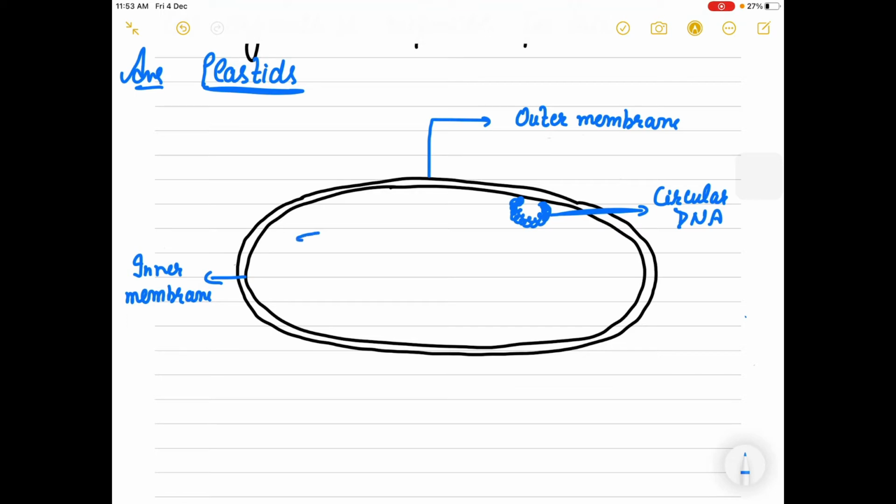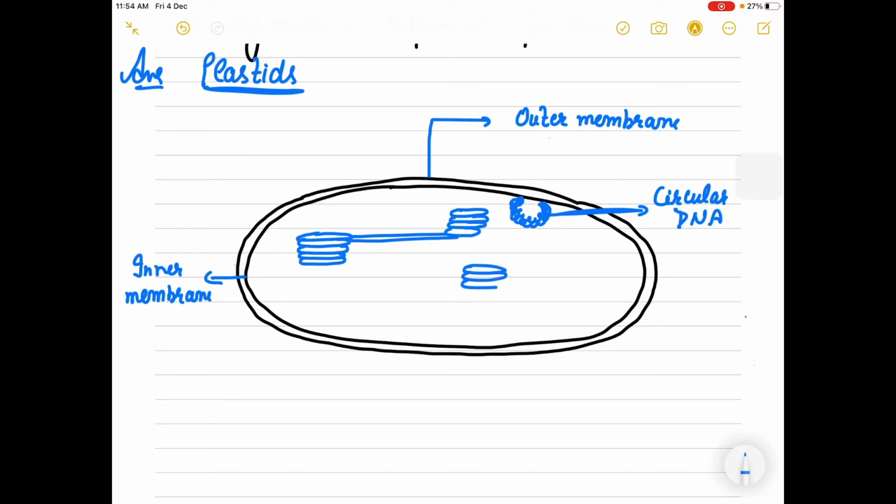Then on the inner side there is an arrangement of these piles. These structures are arranged one above the other, and they are connected to each other also.